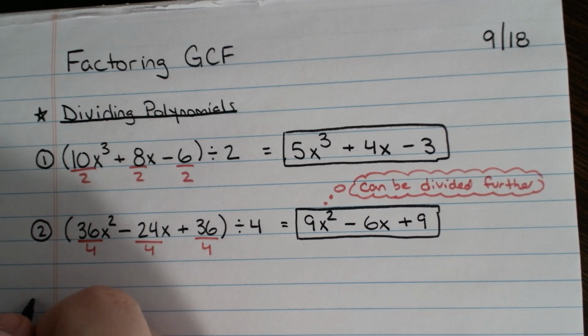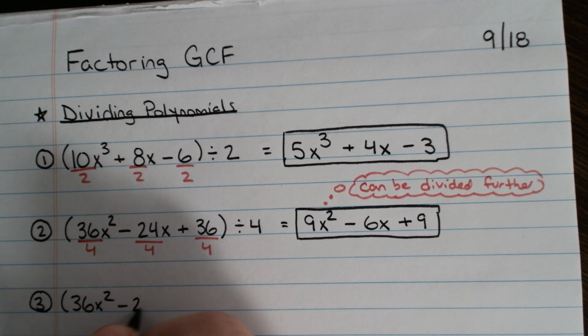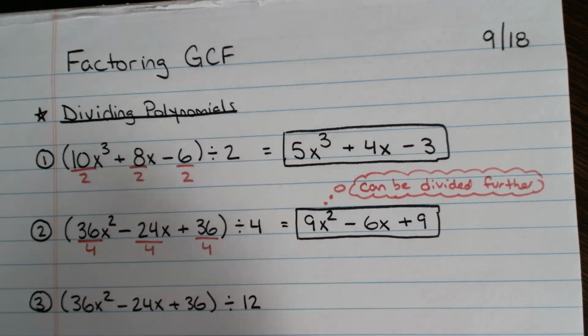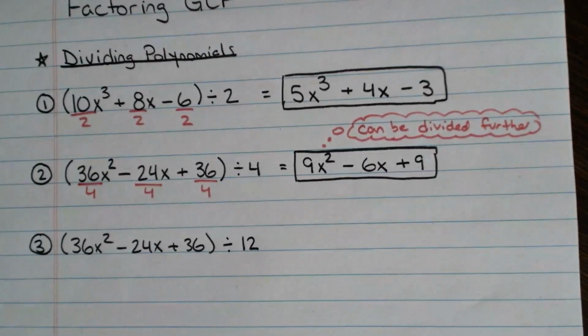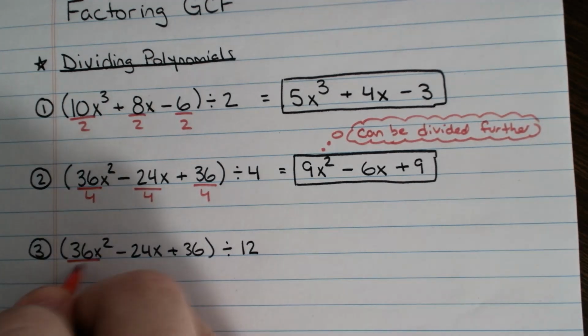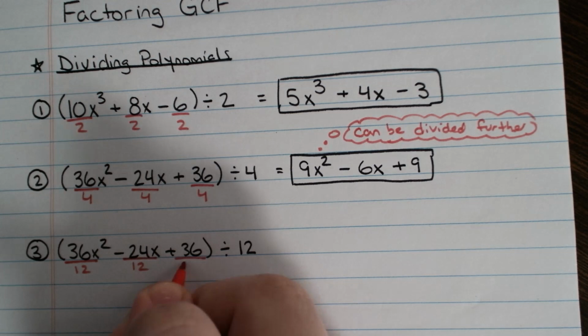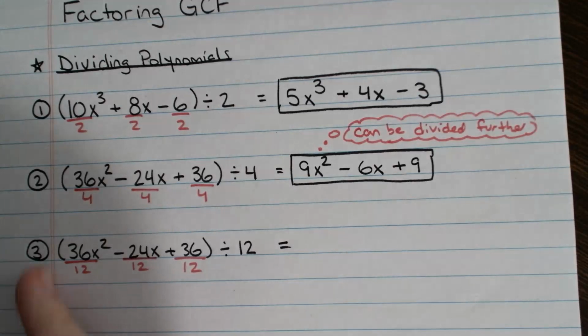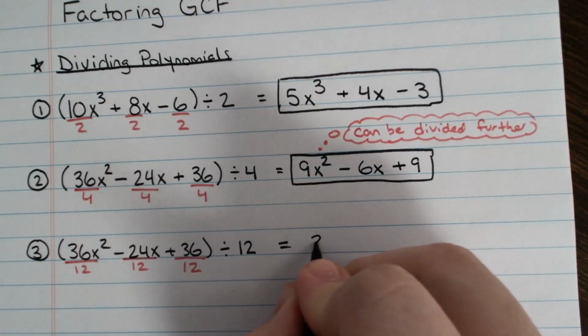So let's redo number 2, but instead divide it by 12. 36x squared divided by 12 gives us 3x squared.